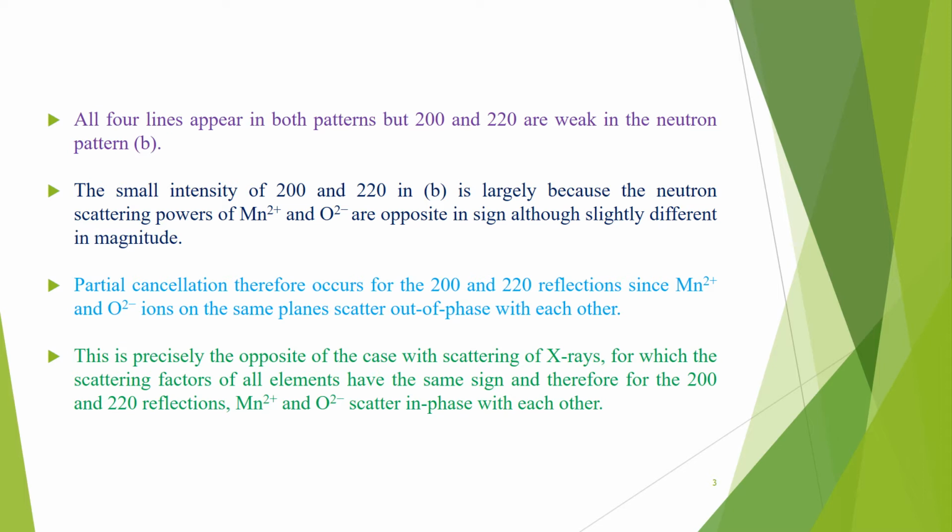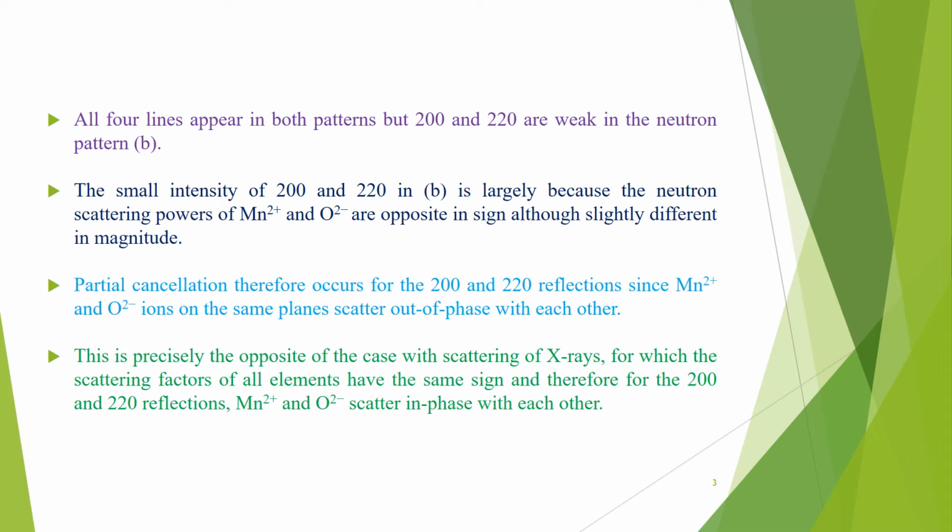Partial cancellation therefore occurs for the plane 200 and the plane 220 reflections, since manganese and oxide ions on the same planes scatter out of phase with each other.